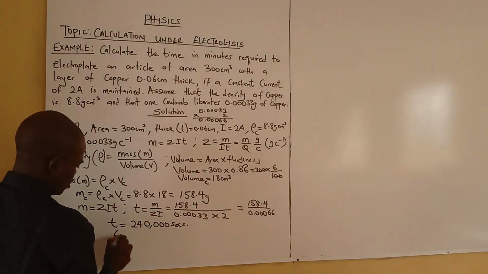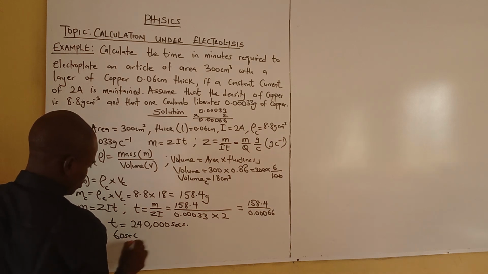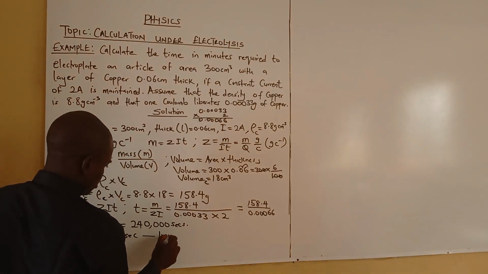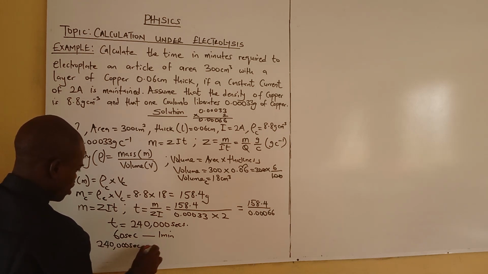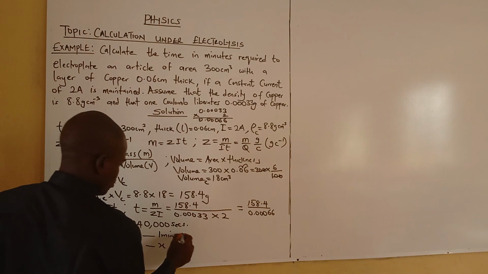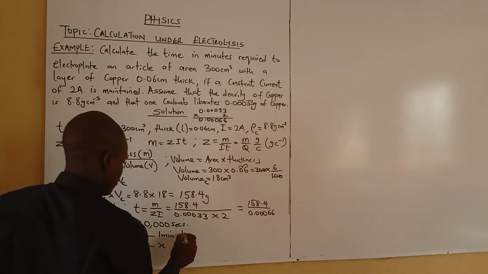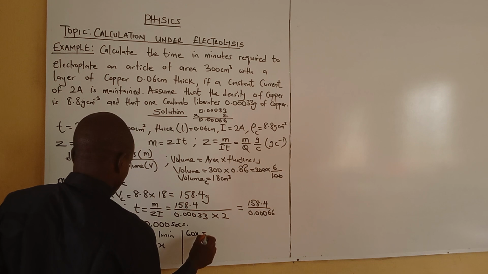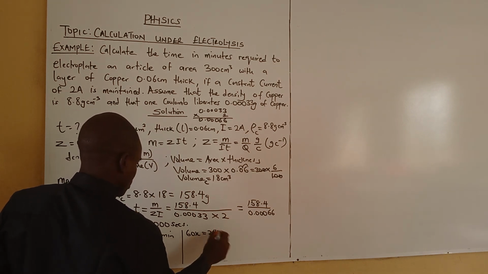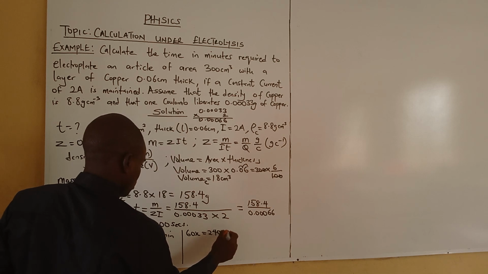Don't forget that 60 seconds make 1 minute. Now, 240,000 seconds make how many minutes? X. Now you cross multiply: 60X equals 240,000.